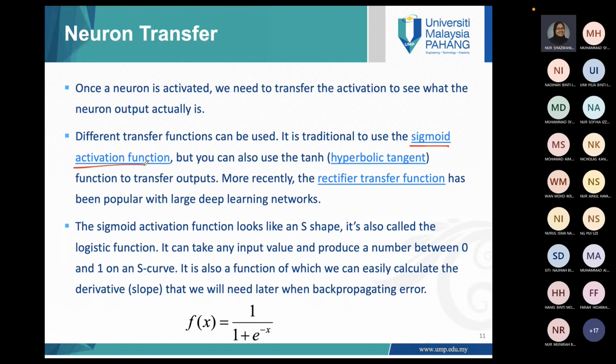The sigmoid activation function looks like an S shape. To calculate it, we use this formula: 1 over 1 plus exponent of negative x.